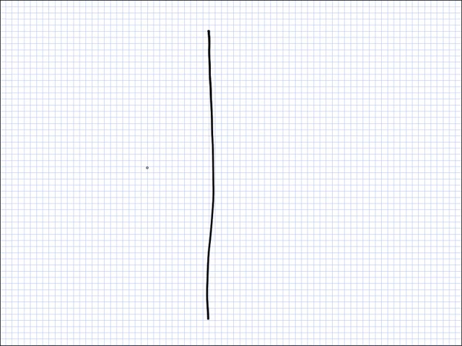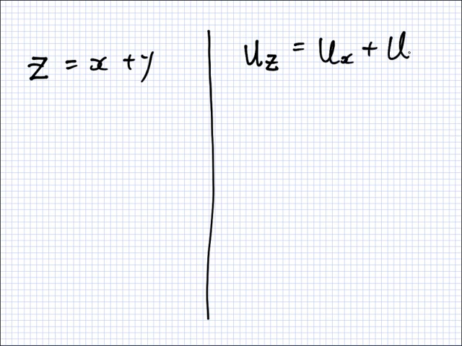So let's say you want to calculate z, and z is x plus y, and you know the uncertainty of x and you know the uncertainty of y. You want to know what's the uncertainty of z. So the rule is this. This one's quite simple. The uncertainty of z is the uncertainty of x plus the uncertainty of y. So I'll just give you a small example.